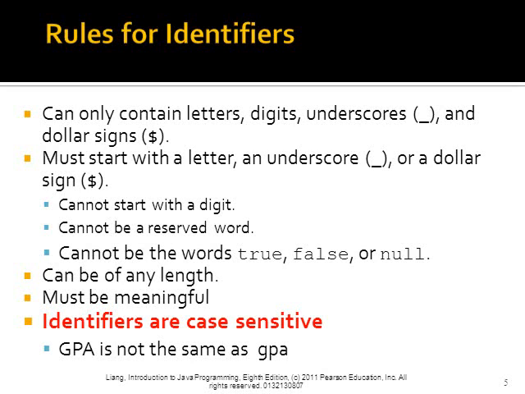The identifier, a name, must start with a letter. It could be uppercase or lowercase, and or a dollar sign and underscore. I would suggest not using those because they can have some special meaning later on in more advanced Java. So at this point, let's keep our identifiers to just containing letters and digits. Maybe underscores, but avoid the dollar sign, and especially avoid starting with a dollar sign or underscore.